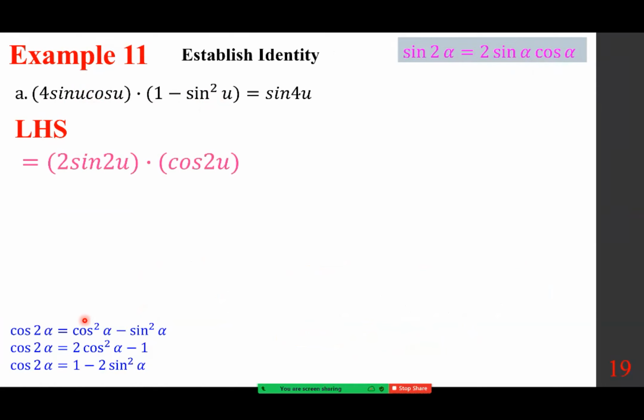Look at those identities, look at this identity, and you have 2 sine cosine. 2 sine cosine is sine of 2 alpha. So sine of 2 times 2u. So this is this, which makes it 4u.